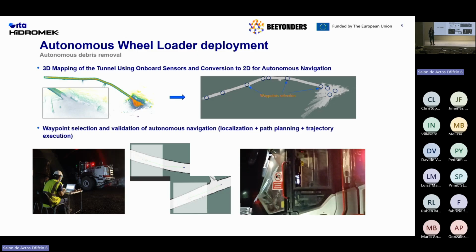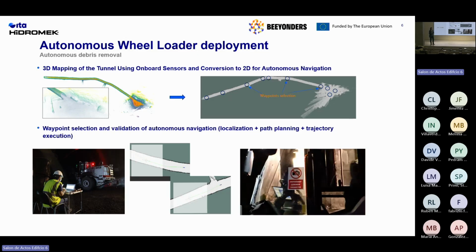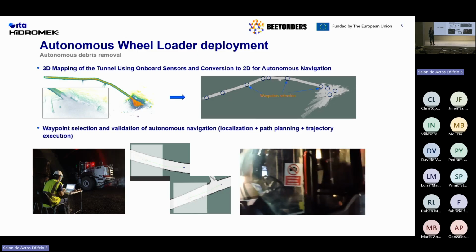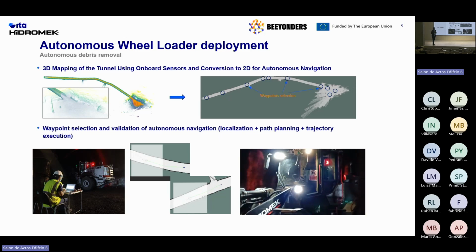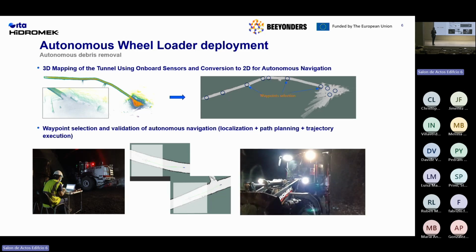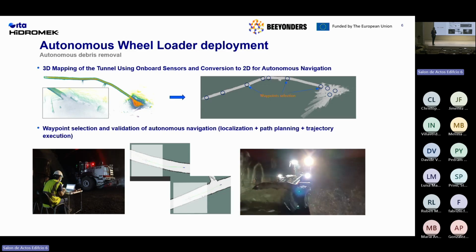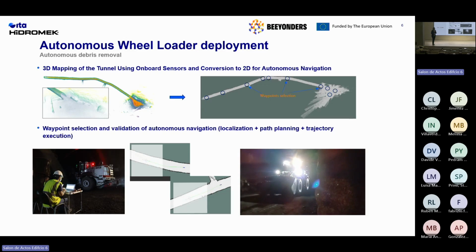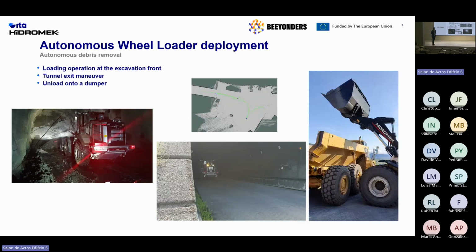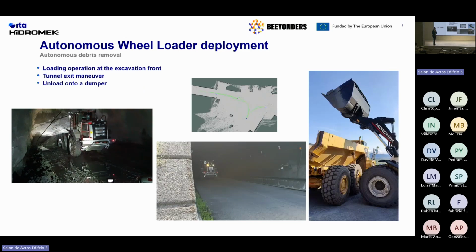We select a set of waypoints that the machine has to reach and follow until it reaches the excavation front. And as you can see here in the video, the machine is navigating autonomously in the tunnel. Then regarding the autonomous operations like loading and unloading, you can also see here some videos.